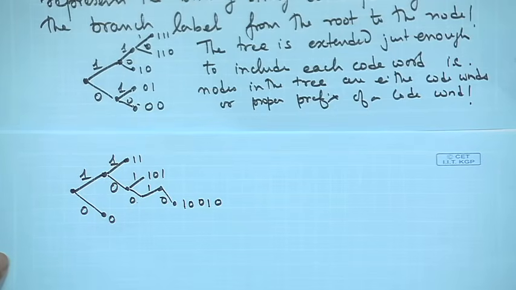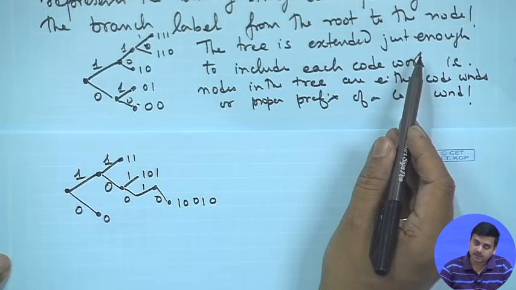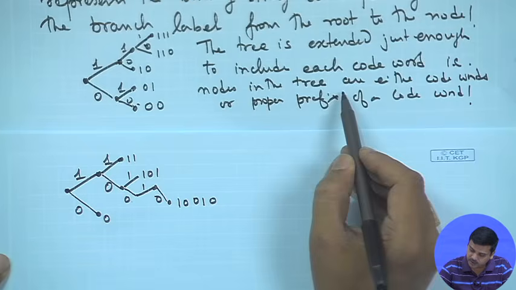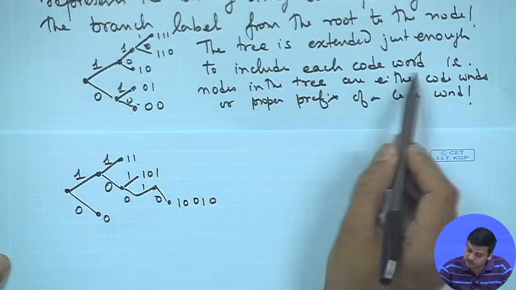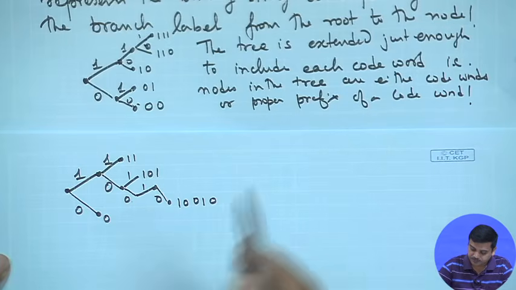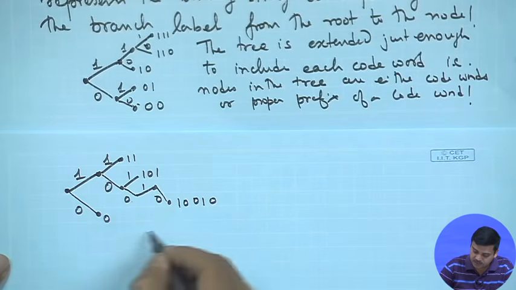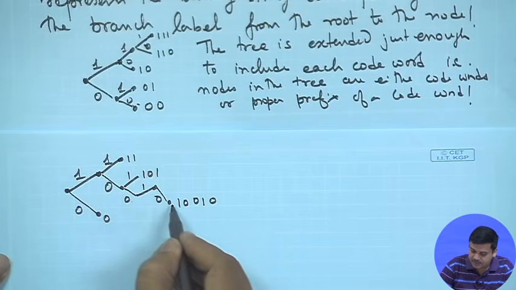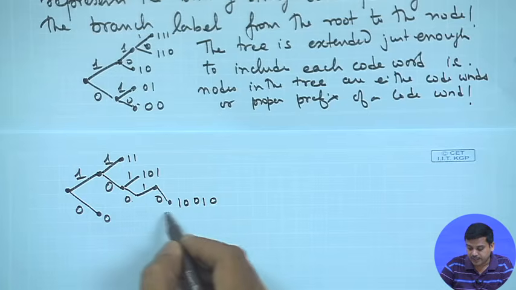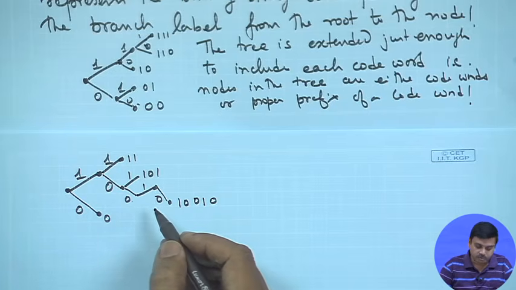This is fine, but it says that the tree is extended just enough to include each code word, that is, the nodes in the tree can either be code words or proper prefixes of a code word, nothing else. So, in this case this tree is extended beyond the need, and there is unnecessary extension over here, which will be clear when we discuss the other things.